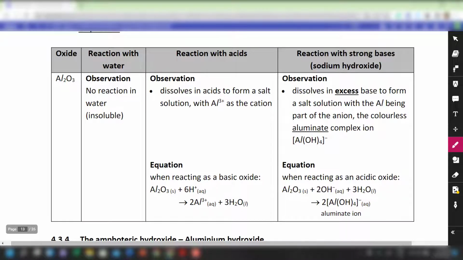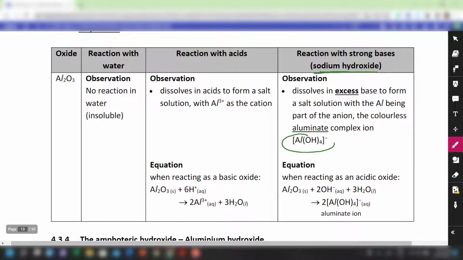If you put it in acids, after a while it will react via acid-base neutralization, and you will get Al3+ as the cation. In the presence of excess base, for example when we have a lot of OH-, the Al3+ will tend to complex with OH-, resulting in the aluminate complex ion.